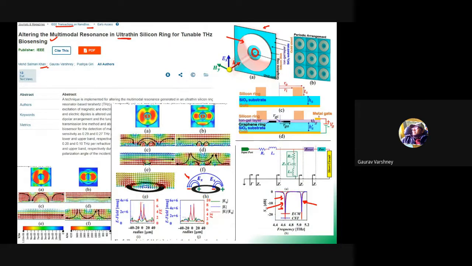Before placing the graphene ring, this green spectrum was the electric field in the absorber, and after placing the graphene ring, we got charge trapping and electric field enhancement, just because of the trapping of charges. You can also go through this article. This is very beautiful physics, and you will feel good if you go through this research article.